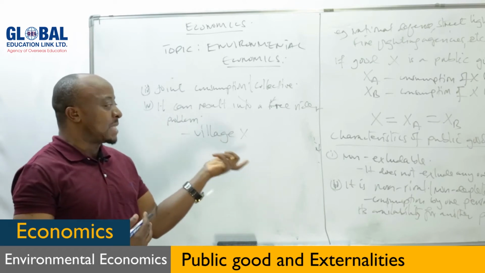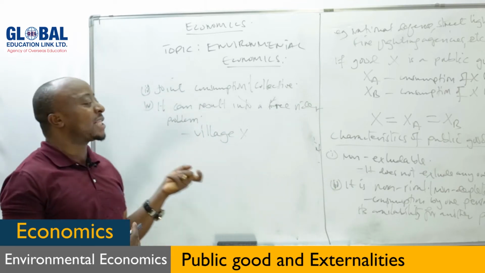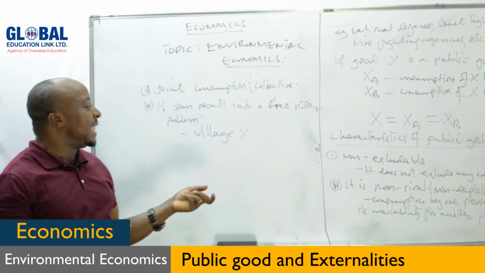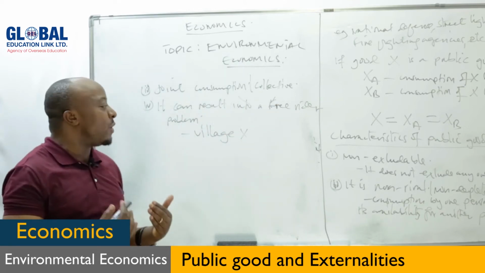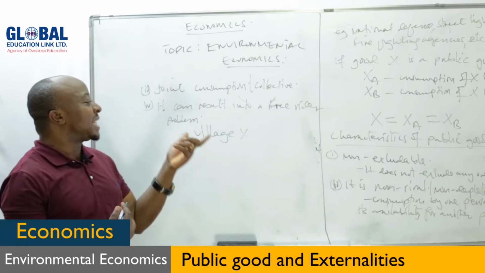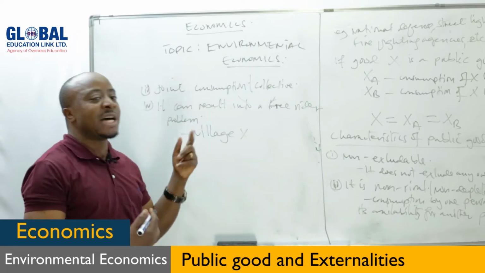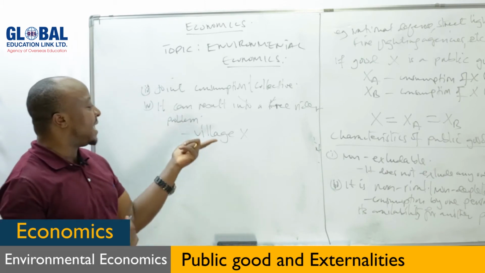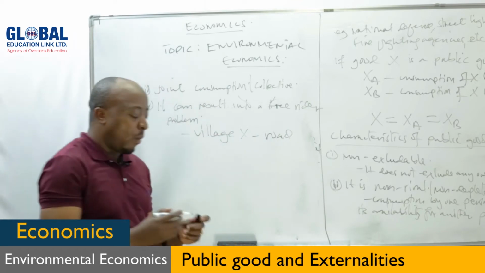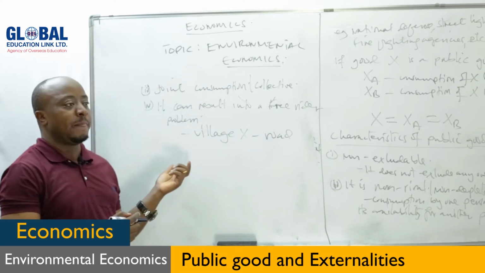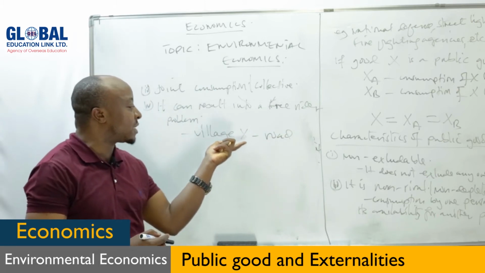Now, because some individuals are sure that when that road is produced they will not be excluded, they decide not to contribute. So if village X decides to construct a road, some members of this village decide not to contribute to its production.